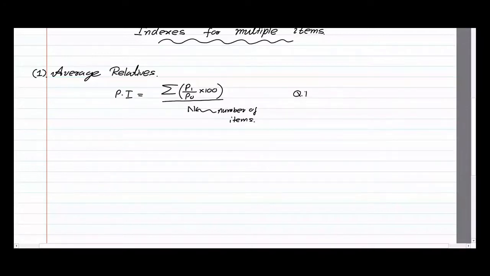Quantity index is sigma Q1 over Q0 into 100, divided by n, where n is the number of items.